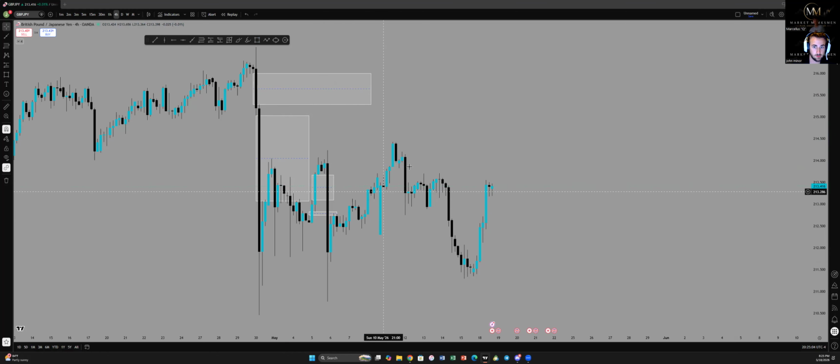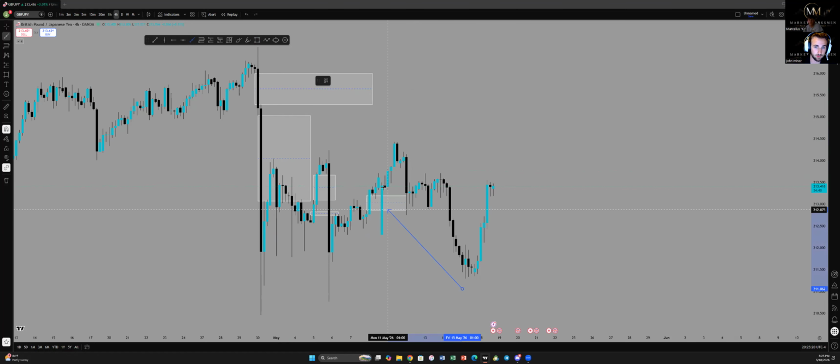So there's fair value gaps all over the place, but they have to align in context of how you're using them. They're great areas. They're great to know, but they have to have context behind them. You're looking at this one right here that got completely jabbed through, body closed out. Now it's a funky looking candle.